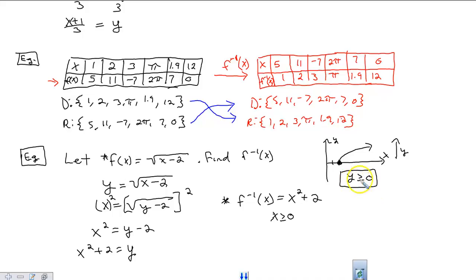One additional thing, if you're confused why that y turned into an x, just write it in interval notation, 0 to infinity, because then you don't have to worry about a particular variable. So if you're concerned about this y turning into an x, just write your range and domain in interval notation. Okay, so that should be enough examples to get you going, at least for the initial part of this homework.